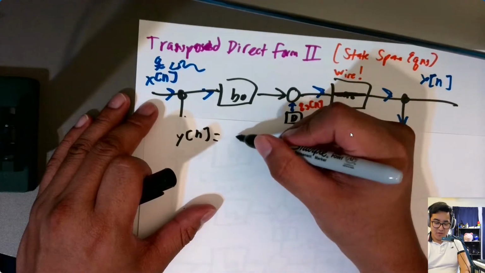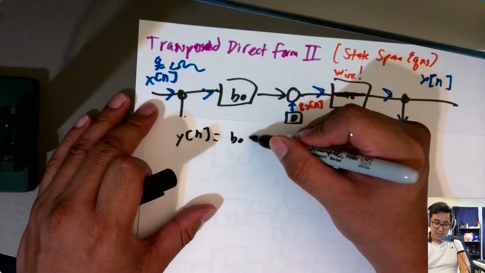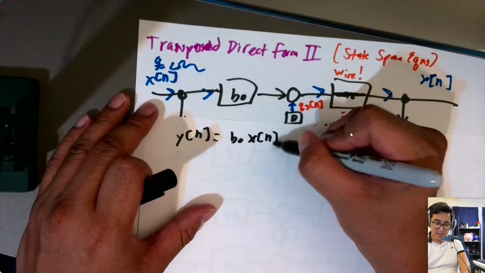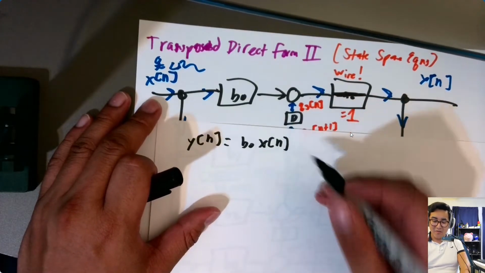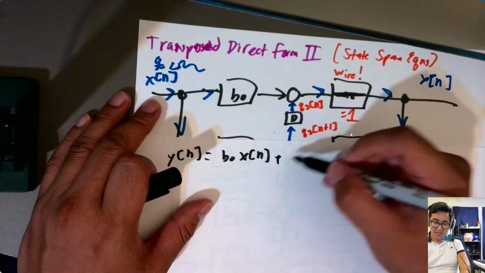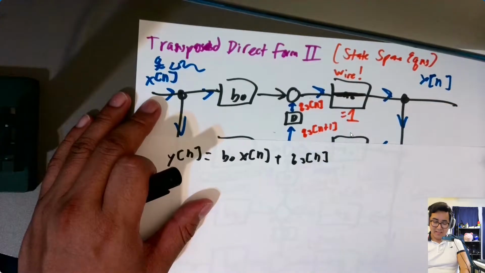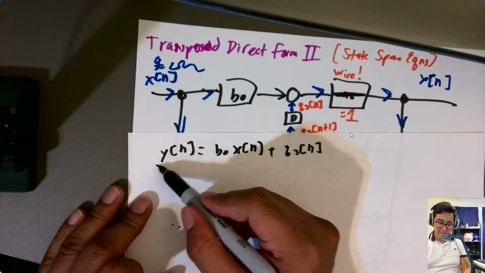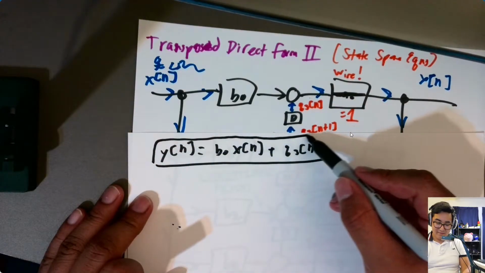Is equal to our input, or b of 0, times x of n. So we have a current input, so we're done with that. And now, well, what's this? Plus q of 3 of n. And that's it. We're done. There we go.